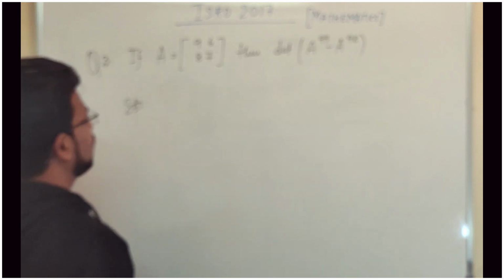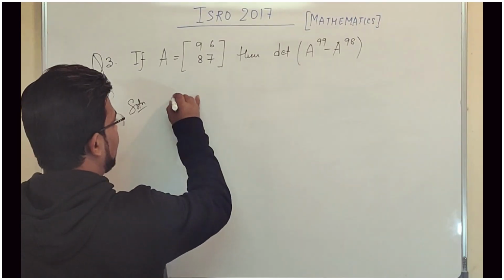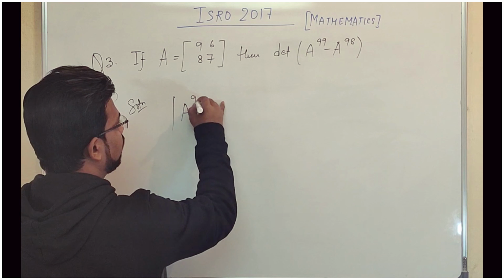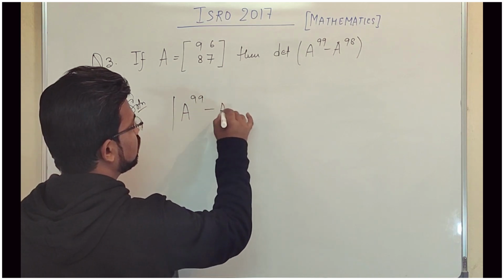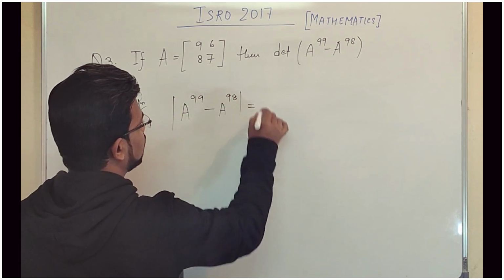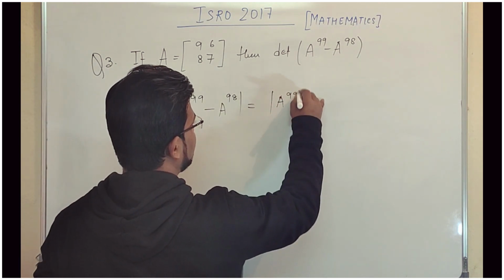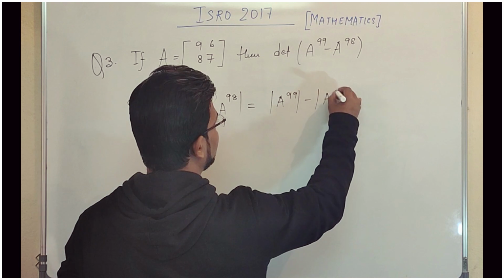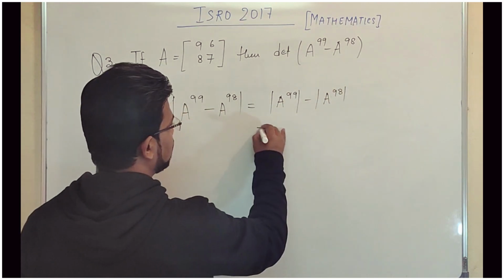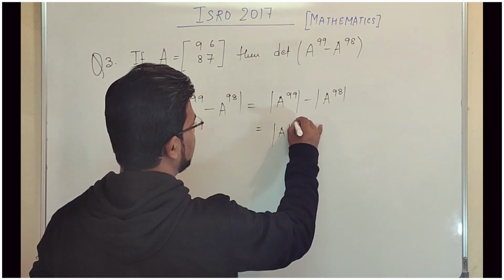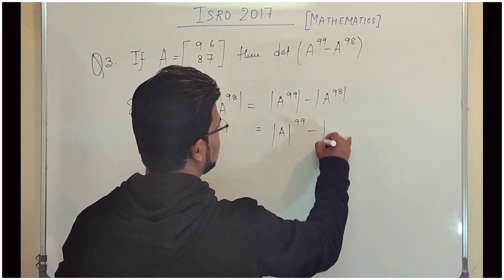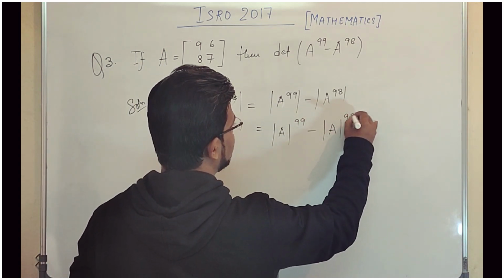Solution says, we know that if I'm interested to find the determinant of A to the power of 99 minus A to the power of 98, I can write this as determinant of A to the power of 99 minus determinant of A to the power of 98. This could be written as determinant of A whole to the power of 99 minus determinant of A whole to the power of 98.